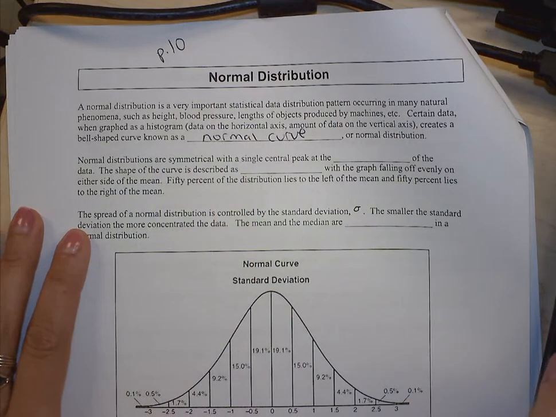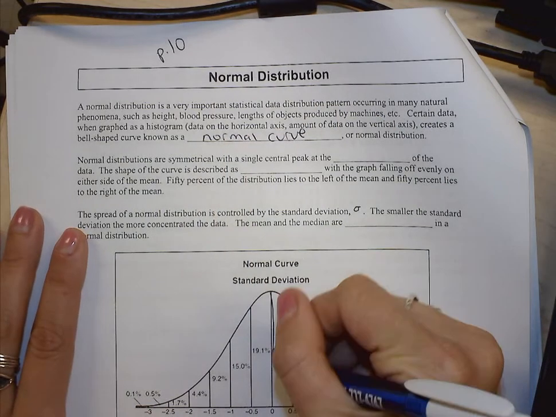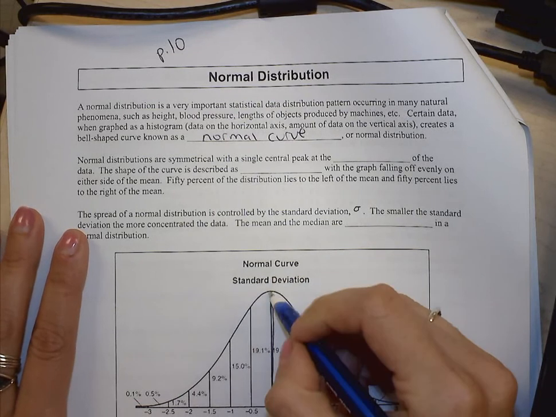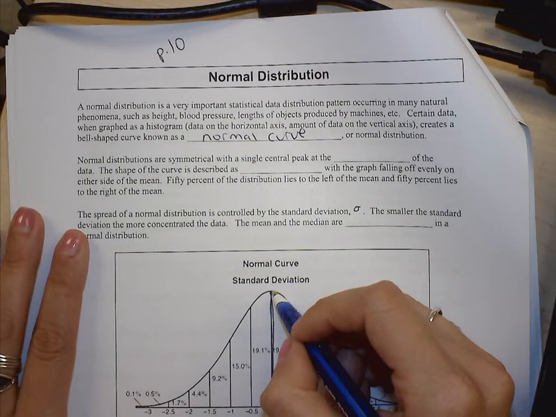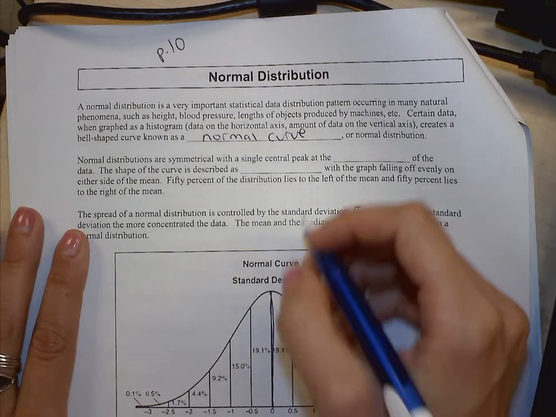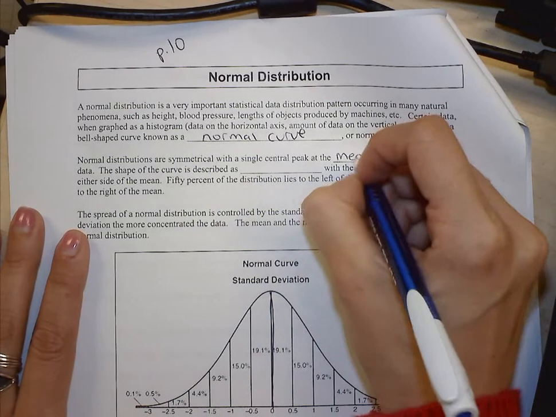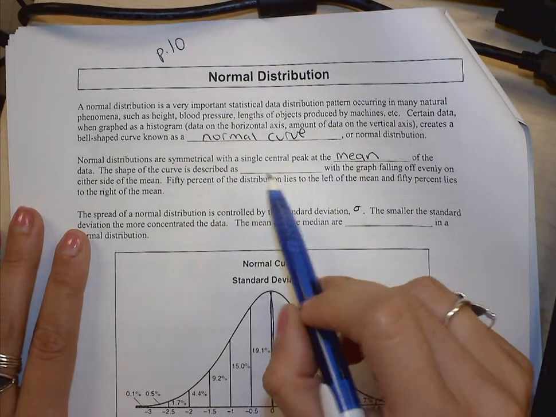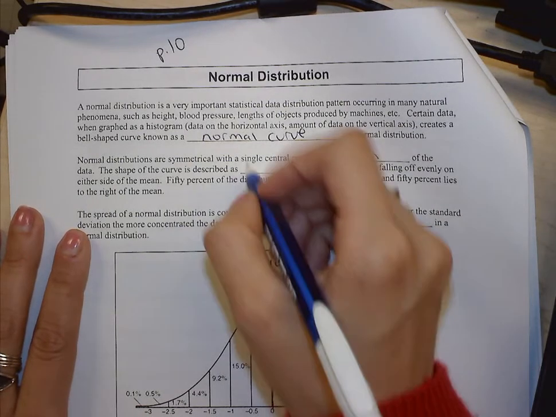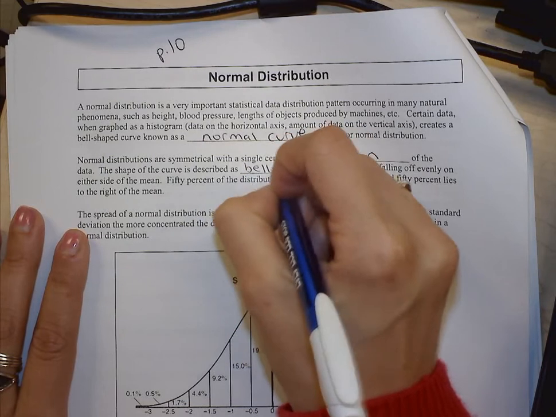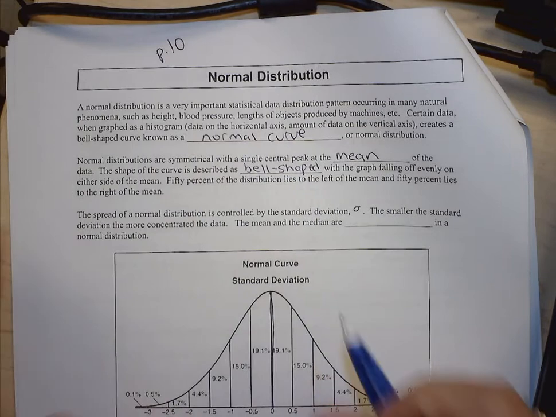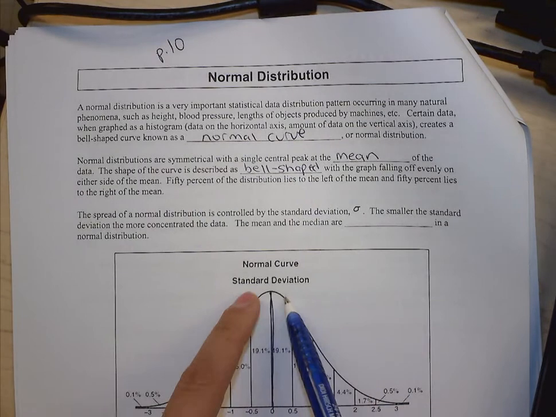So the middle of the curve is the mean and the median. So this peak right here of the curve, right in the middle, is the mean. And we know the mean is the same thing as the average. So the shape of the curve is described as bell-shaped, sort of like a little bell here, and it falls off evenly on each side of the mean.